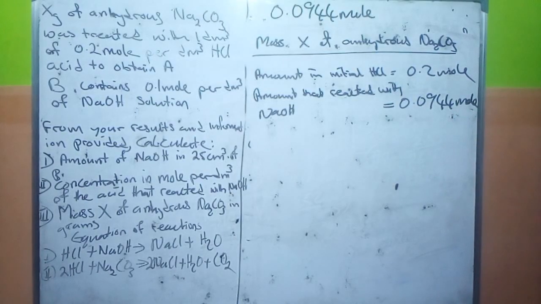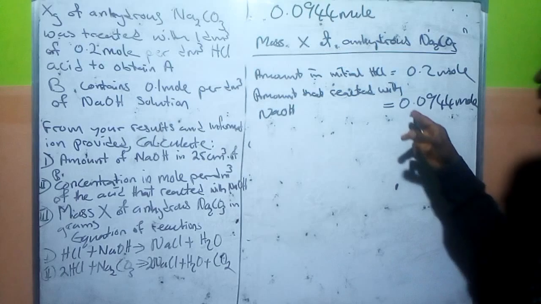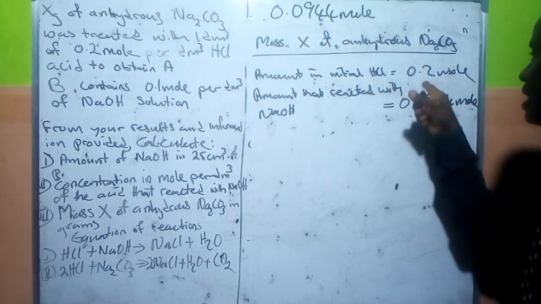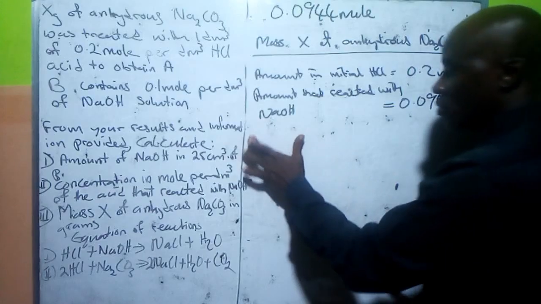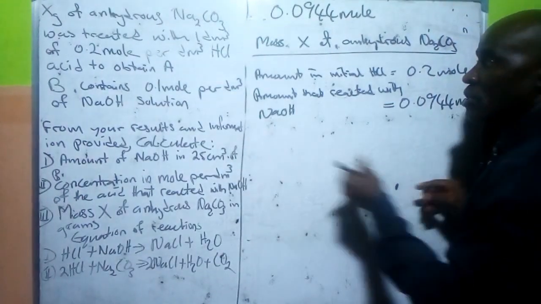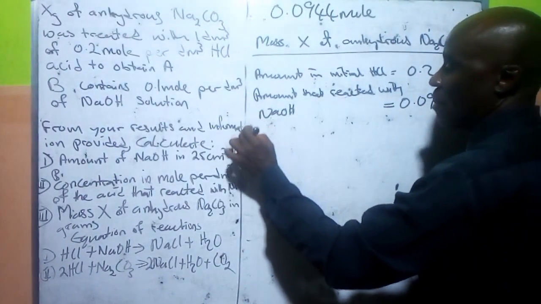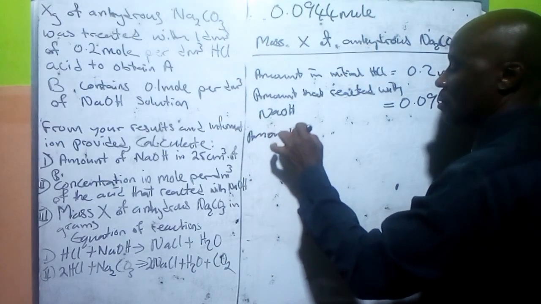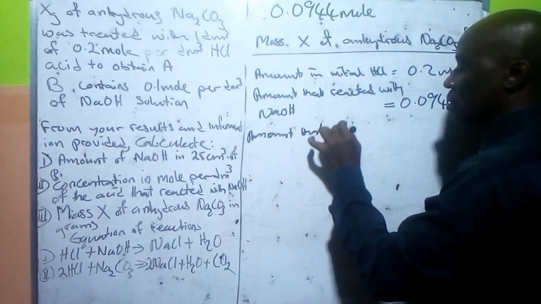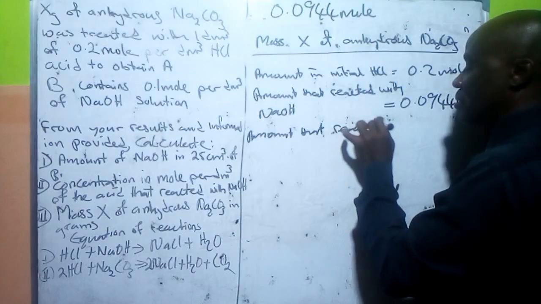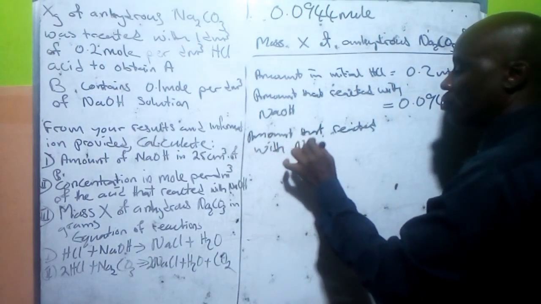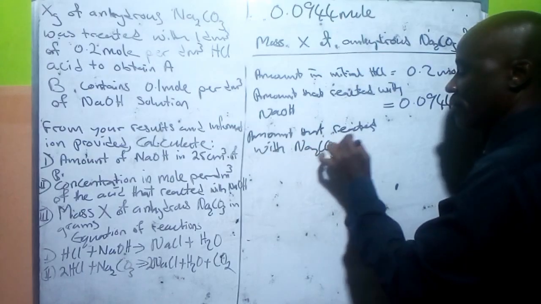So now what else are we going to do? We need to find out the mass. The 0.0944 is the amount that reacted with sodium hydroxide, which means if we subtract, we get the amount that reacted with sodium trioxocarbonate 4.